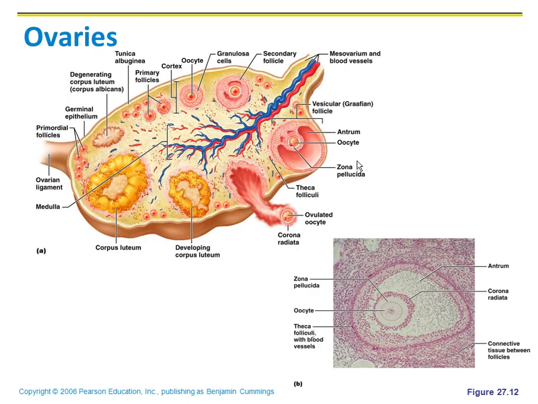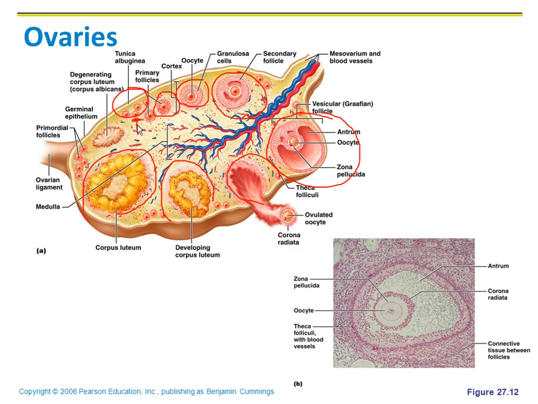So we did this in lecture. I started out by just circling follicles. And I said, do they look different? Everybody said, yeah. And I said, if it looks different, it is different. So each of the follicles I just circled is a different follicle, going through a different stage of development. These are the ones we're born with. Those are primordials.